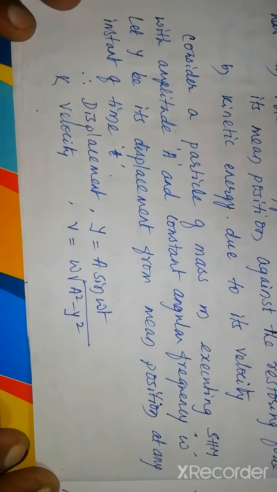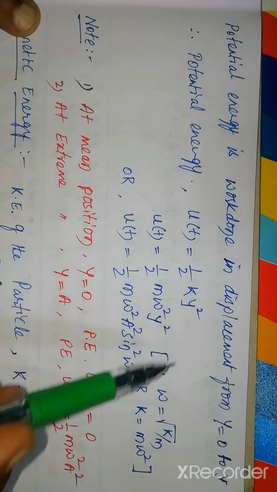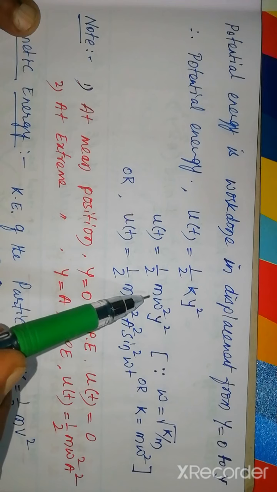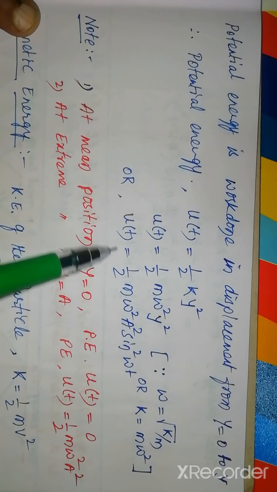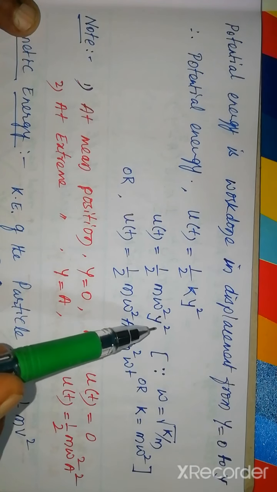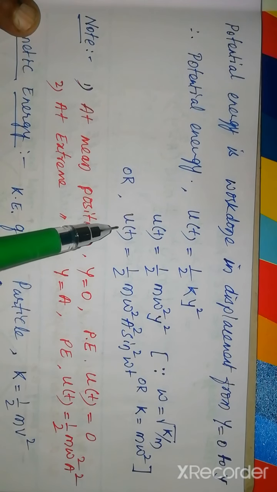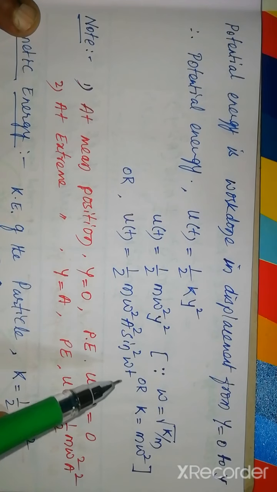So potential energy you can write as half k y square, where k is the force constant or spring constant, and this potential energy is half m omega square y square, since k equals m omega square. So potential energy at any given instant of time is half m omega square, and instead of y square we have written a square sin square omega t. So this is the potential energy as a function of time.